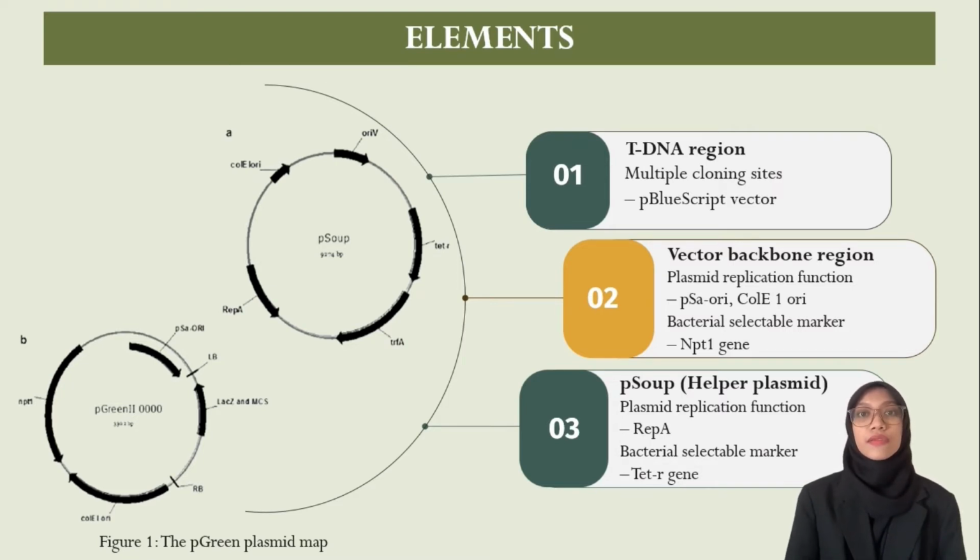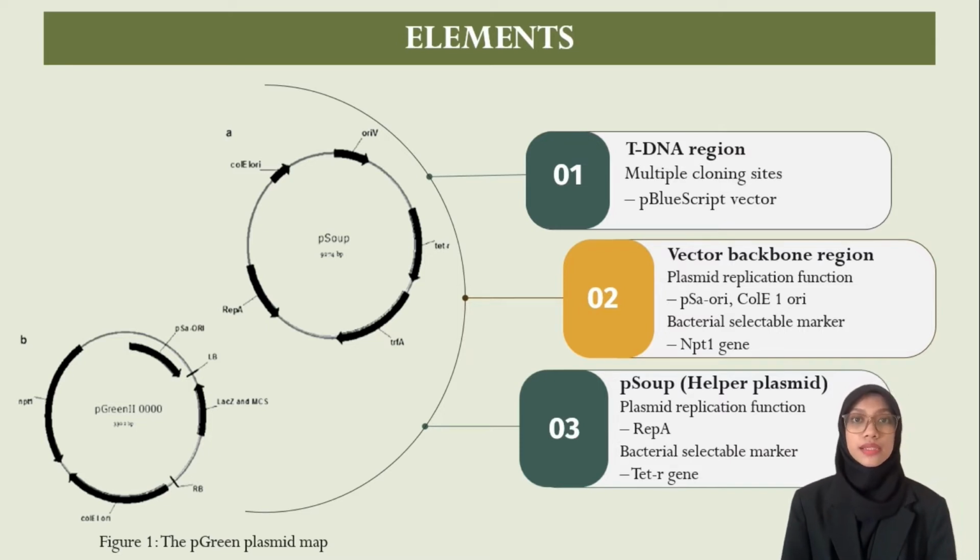Next is the vector backbone region, containing the functional elements that enable replication in E. coli, which is the pSa origin, also called the ColE1 origin. This backbone region also contains a bacterial selectable marker, which is the nptI gene that encodes kanamycin resistance.